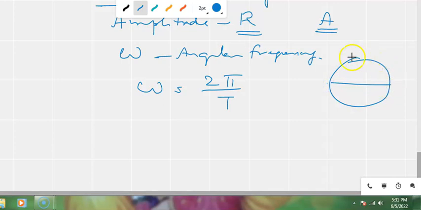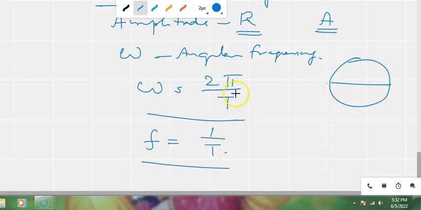This time, called the time period, is capital T. Then omega is nothing but 2 pi by T, this angle divided by the total time, which is the angular frequency, and 1 by T is called the frequency, 1 over T.